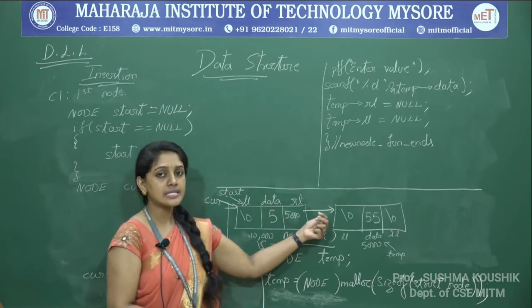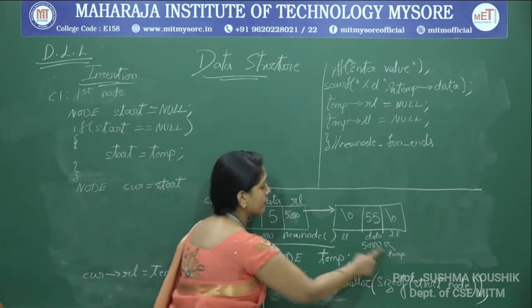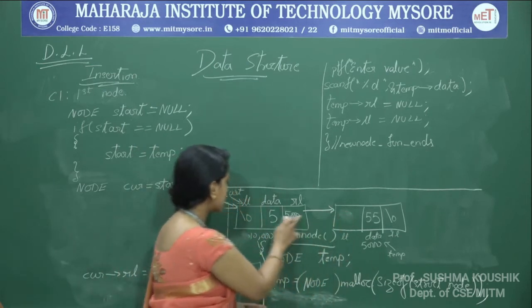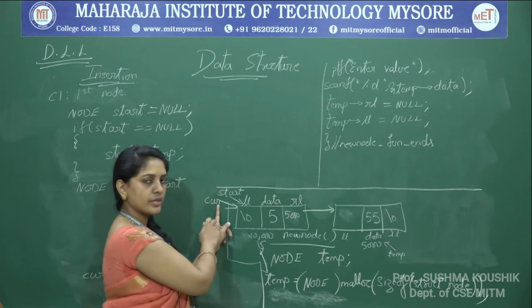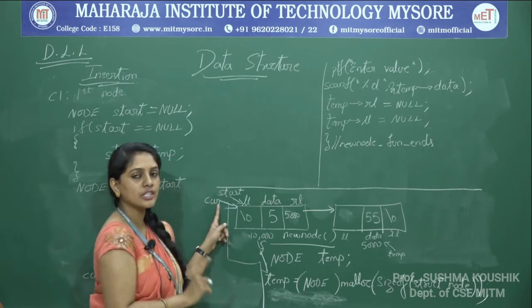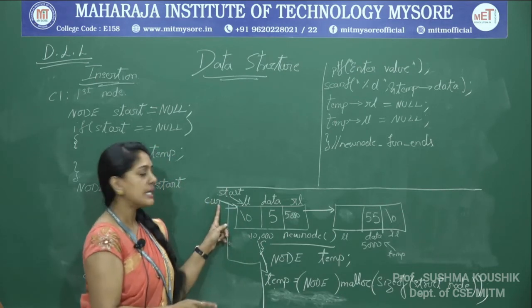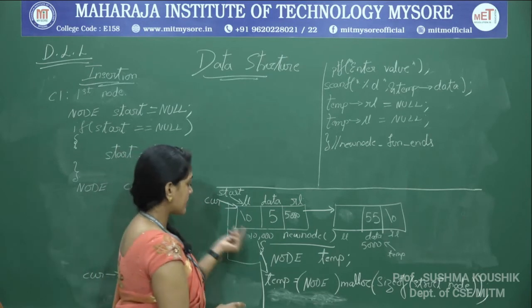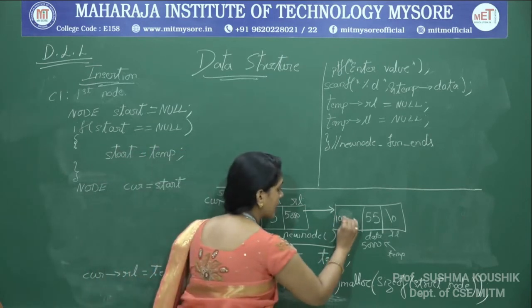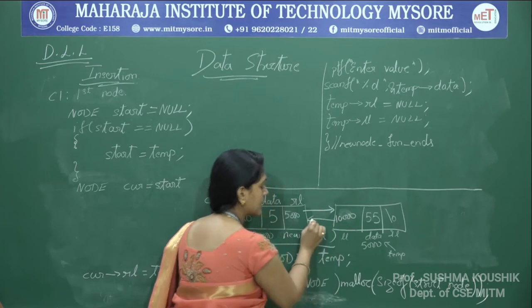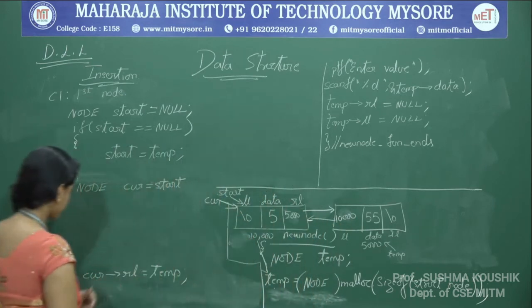How do I reset the next link? Temp of LL is equal to start, or current would go good. Right now start and current are pointing to the same position, but still I will take it as current. So current is having 10,000. If I do that, 10,000 comes over here and the double link is established.